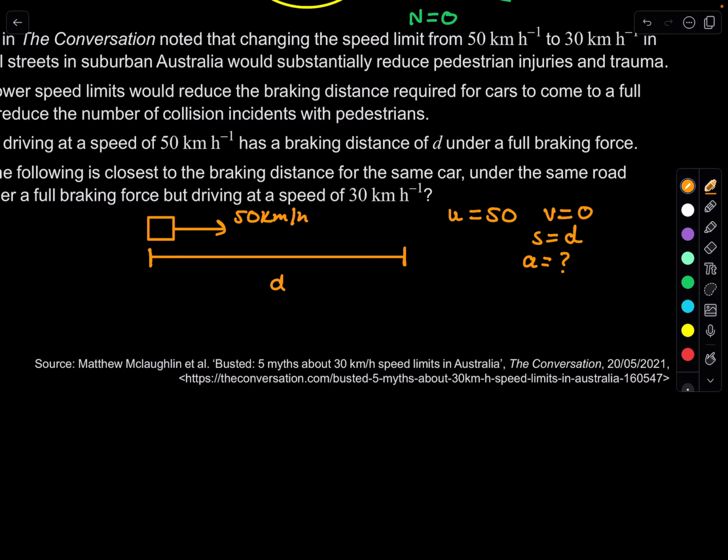So what formula, because I want to get something in terms of d. So I'm going to try to calculate distance, d. So we know the formula, v squared equals u squared plus 2as, where v squared is 0, u is 50 squared, plus 2as, which is d basically.